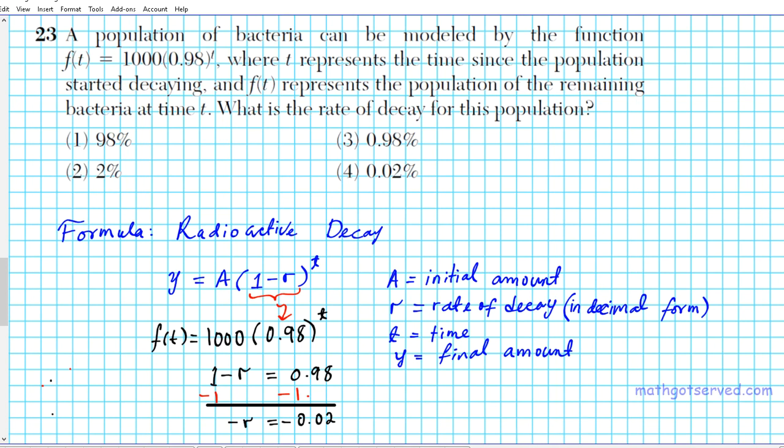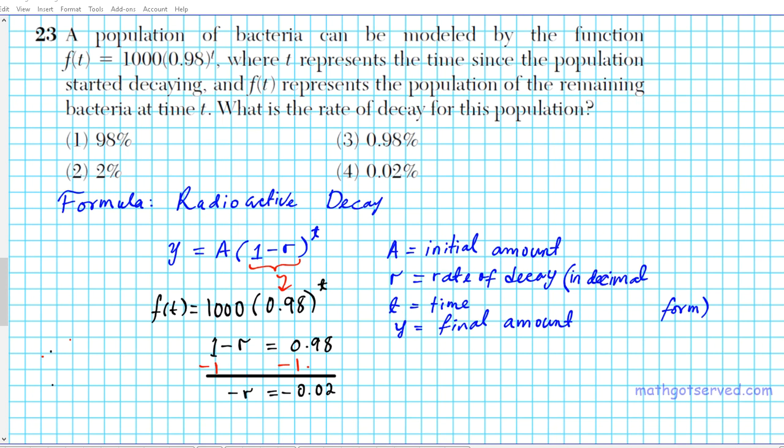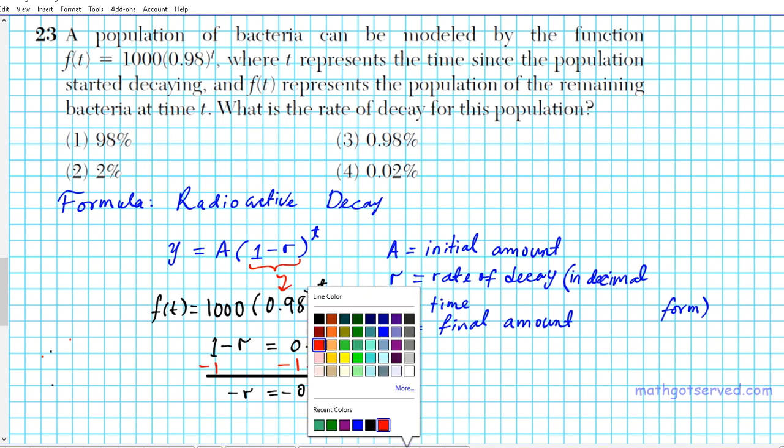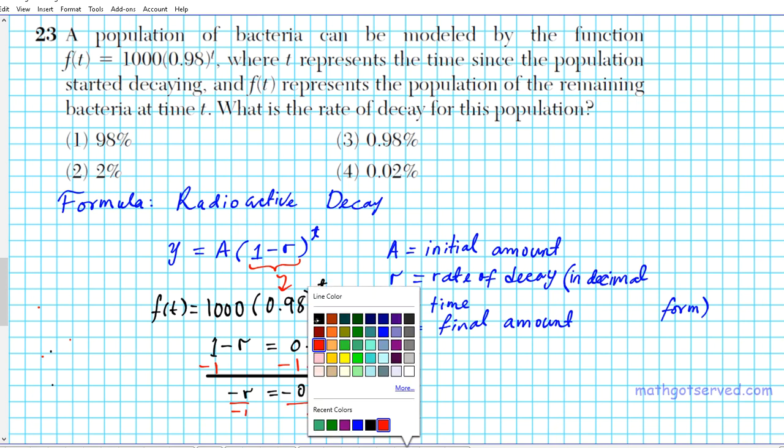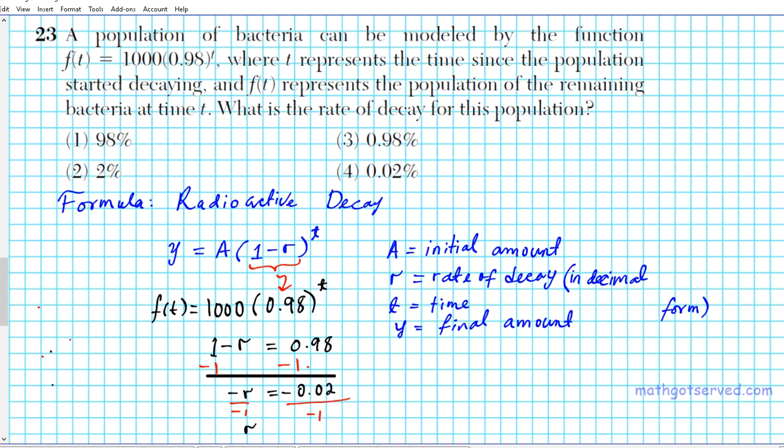To address that, we'll multiply both sides by -1. You can multiply by -1 or divide by -1, it's exactly the same thing. Let me just divide by -1. You divide both sides by -1, and then you get r, because minus over minus is plus.